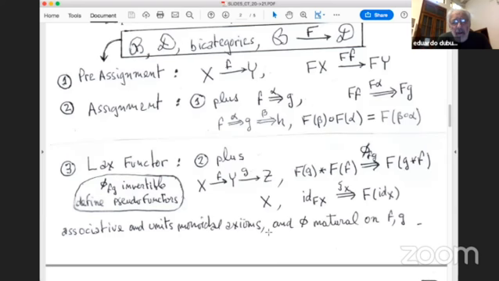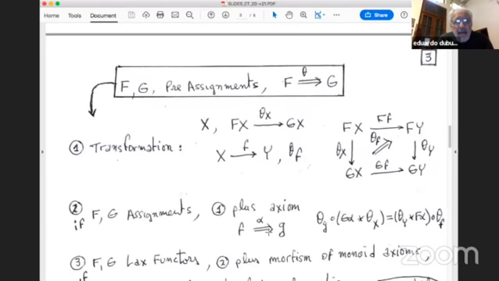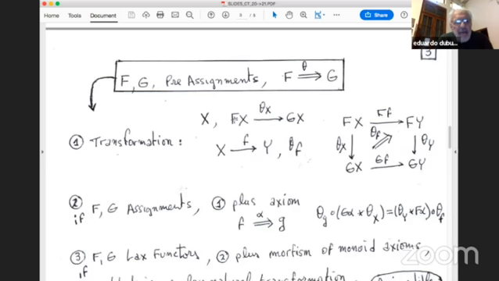So here we are going to be transferring all these structures of assignment and lax functor to pre-assignments. Well, if I show you the next slide, you will understand better, I imagine. Okay, so we have pre-assignments. Remember, pre-assignments are only defined on objects and arrows.